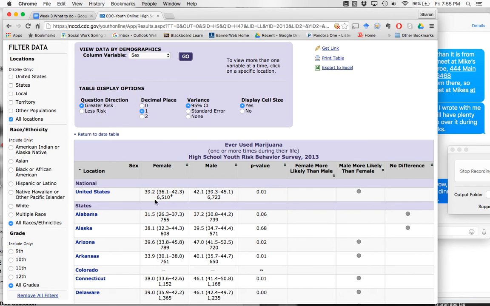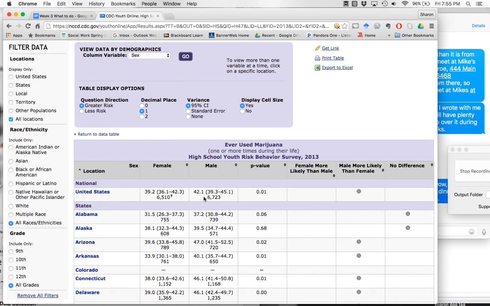The total number is 6,510 females who indicated that they have used marijuana. That represents 39% of females. Now here, the males, 6,729 males said they had ever used marijuana.